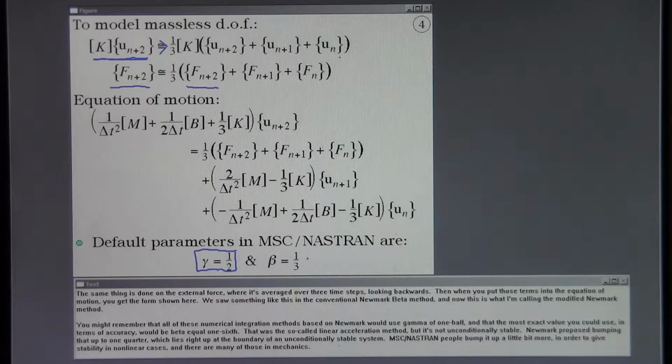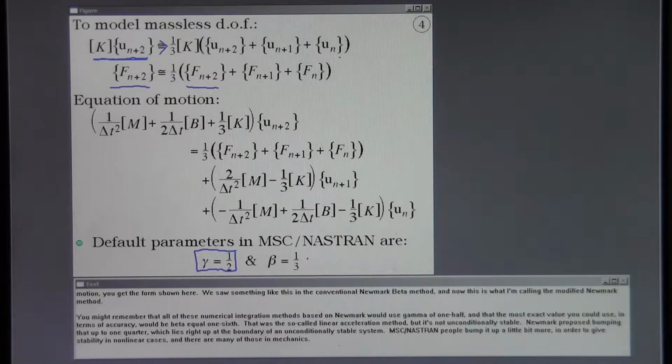Newmark proposed bumping that up to 1/4, which lies right at the boundary of an unconditionally stable system. MSC Nastran people bump it up a little bit more in order to give stability in nonlinear cases, and there are many of those in mechanics.